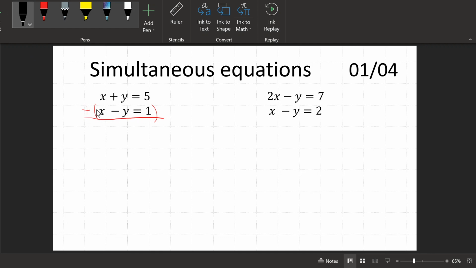So in this situation, we're going to add them, and then we'll look at another situation where we would subtract them again. So x plus x, that's just going to be 2x, y plus negative y. We know that's the same as y take away y, so that's going to equal 0.